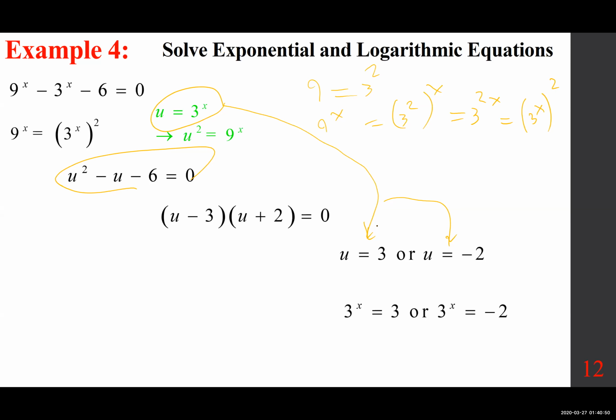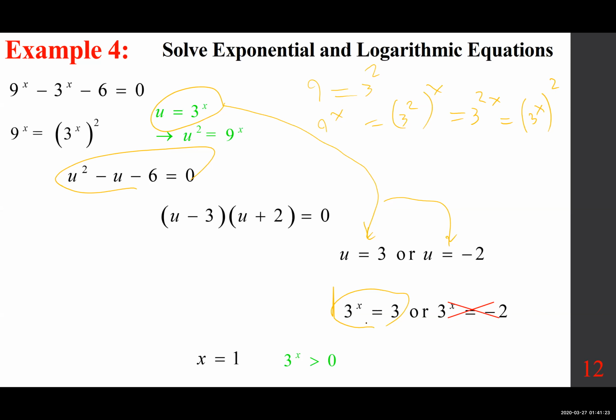Is everybody okay up to here? Class? Yes. Okay. So what happens to the first one? The first one says x must be what? x must be 1. And what about the second one? 3 to the power of x must be positive.